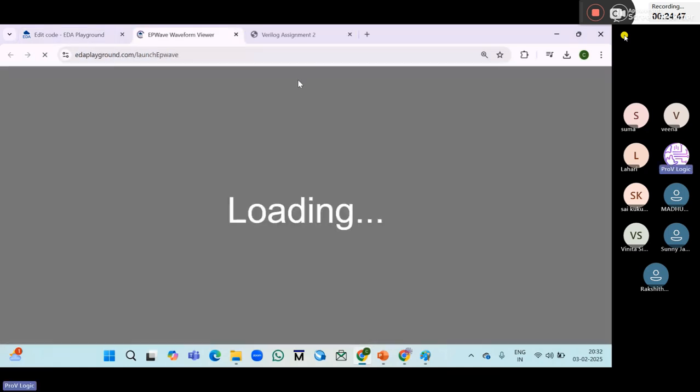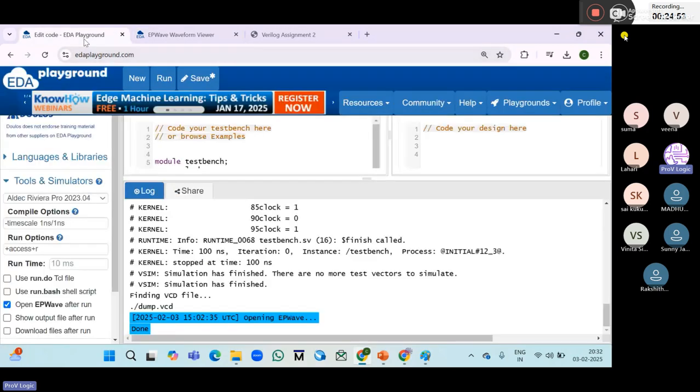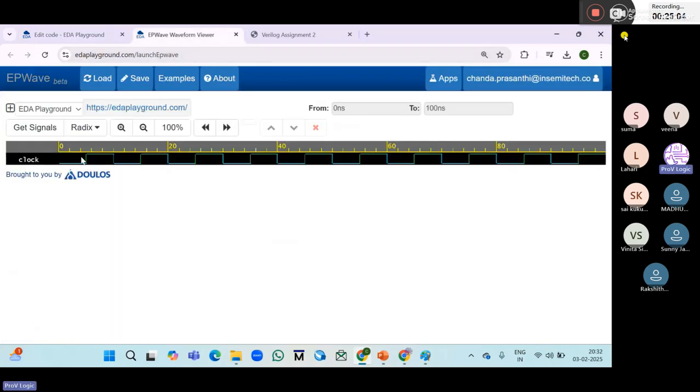Okay, see the waveform. How is the waveform generated? Initially 0, because initially we have written clock equal to 0. Then after 5 time units the clock is toggling. So 0, next 1, 0, 1, 0, 1, 0, 1. This is how we can generate the clock.